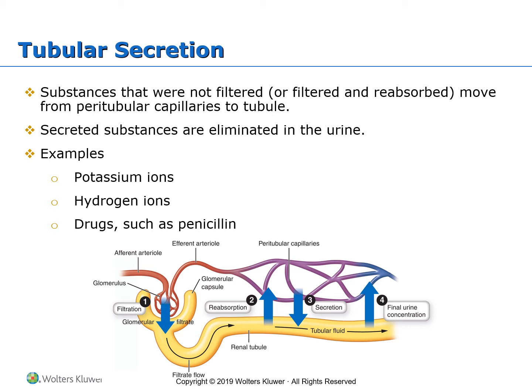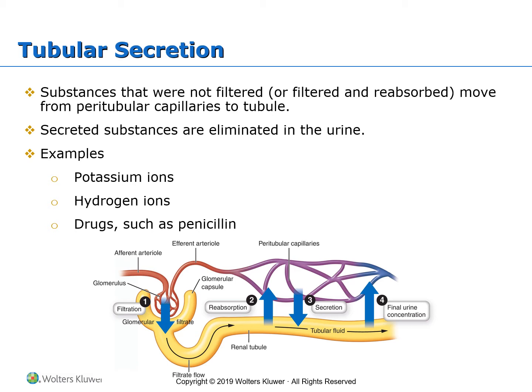Now, in the process of reabsorption, most of the water with most of the electrolytes, most of the essential elements will go back into the interstitial fluid and from there into the capillaries, in some cases facilitated, but most of them will be passive.